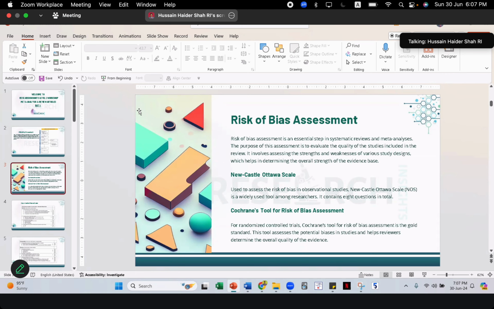Bias means uncertainty. There are types of bias, but we have to make sure that any article we include has been through a proper quality assessment and has a low risk of bias. If the articles have very high risk of bias, very high uncertainty, we might have to exclude that article from our meta-analysis.